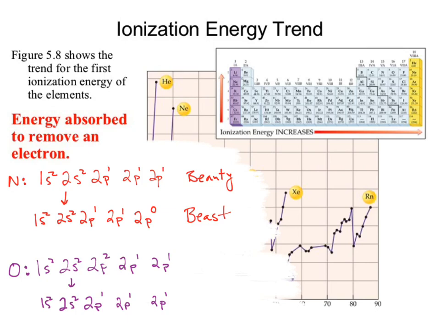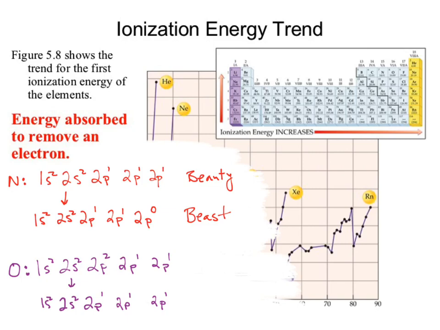Or you're going to be like, no, and you're going to try and avoid getting hit by that stick. Probably going to run away, right? There's a lot of energy to that. Nitrogen does not want to become a beast. It's already starting a beauty. What does that mean happens to its ionization energy? It's going to increase. It's going to require more energy to cause it to become a beast. It doesn't want to become beastly. What happens with oxygen?